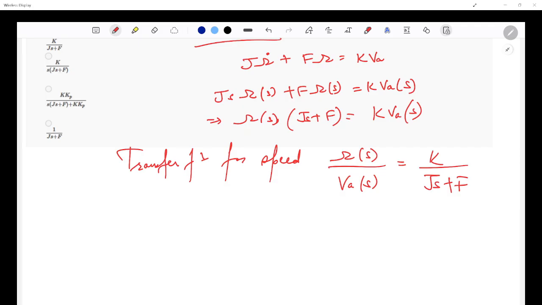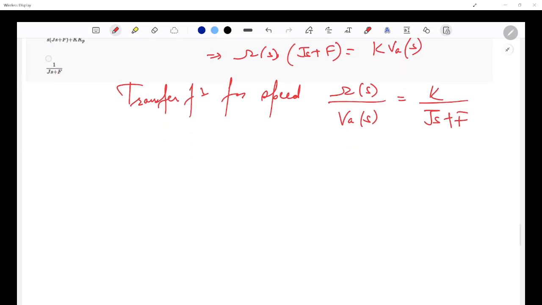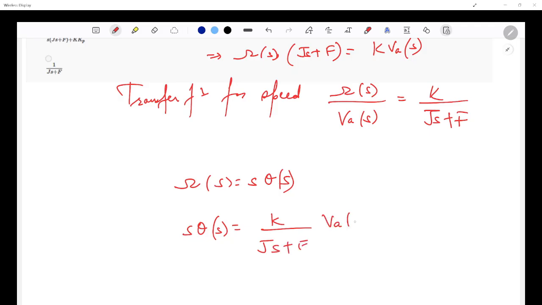Now we need position theta(s) and not speed. So omega(s) is equal to s into theta(s). If you substitute, s into theta(s) is k upon Js plus f into VA(s).